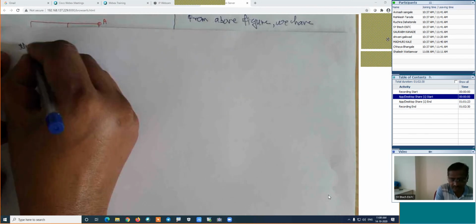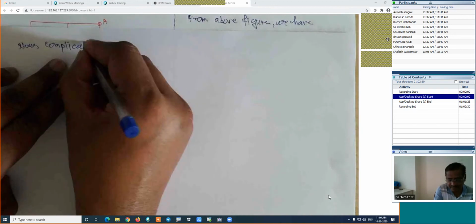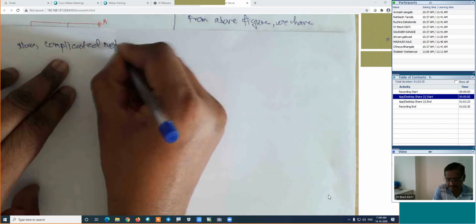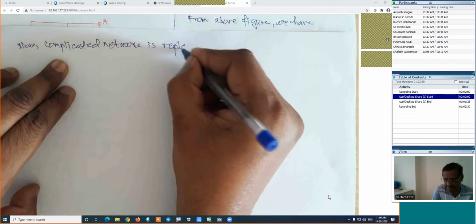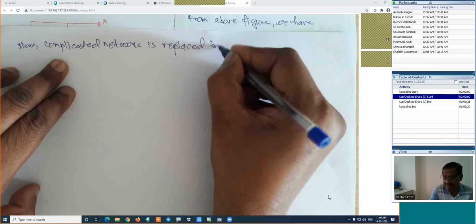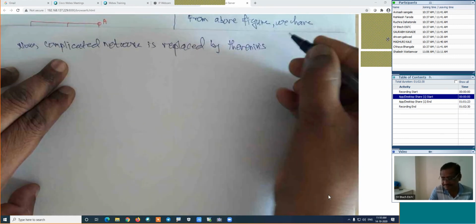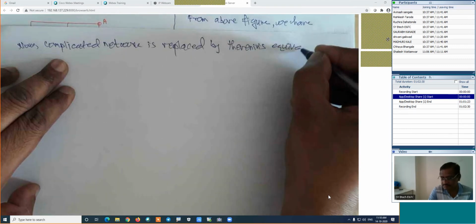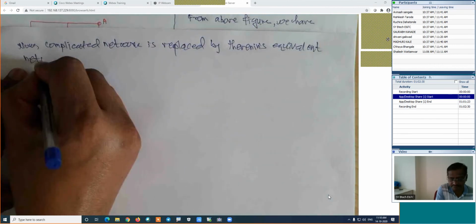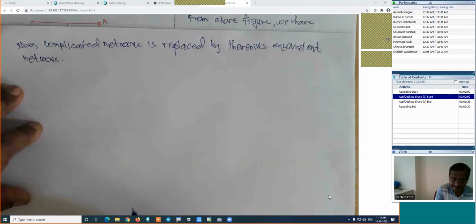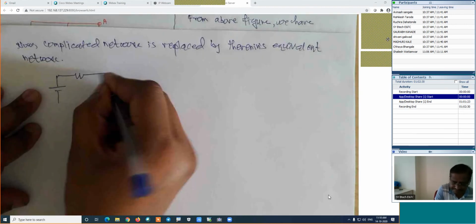Now, the complicated network is replaced by Thevenin's equivalent network. This is the figure for Thevenin's equivalent network.